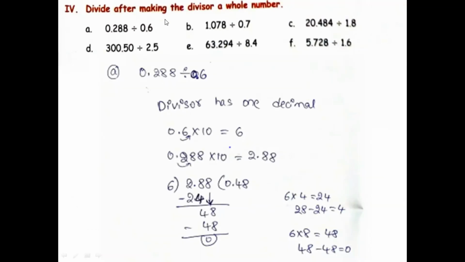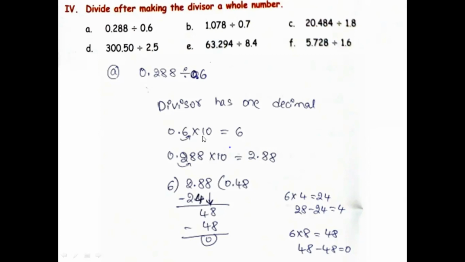Divide after making the divisor a whole number. Example: 0.288 divided by 0.6. The divisor has one decimal place. 0.6 is the divisor.